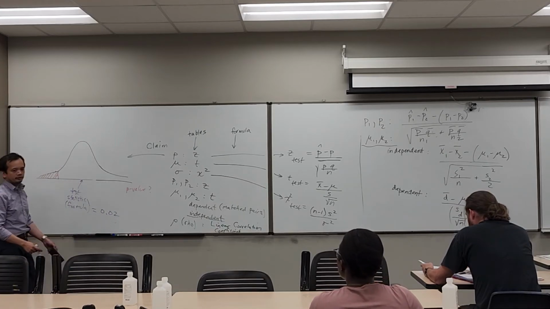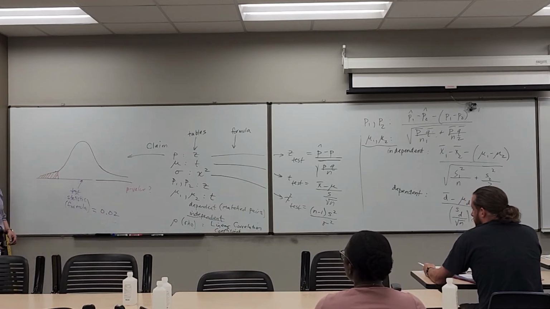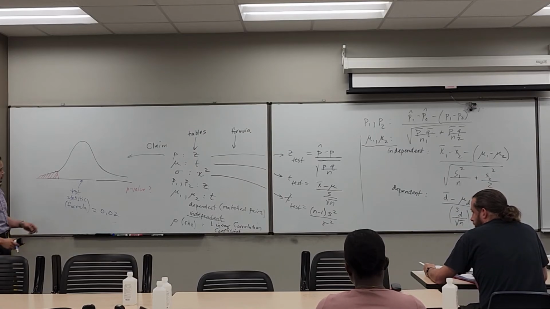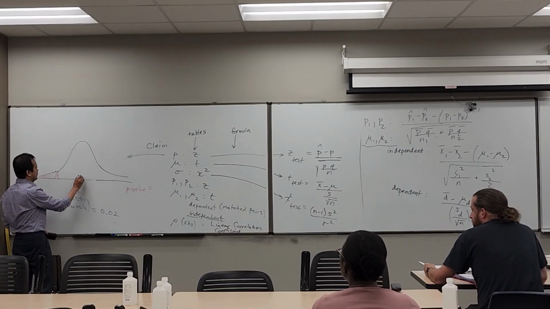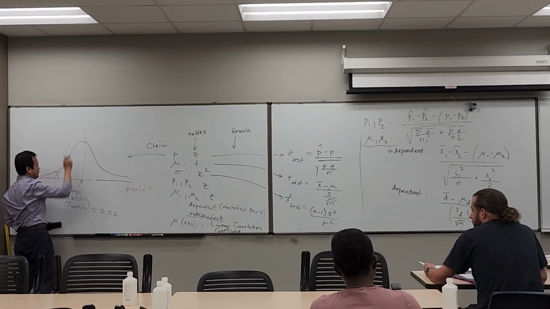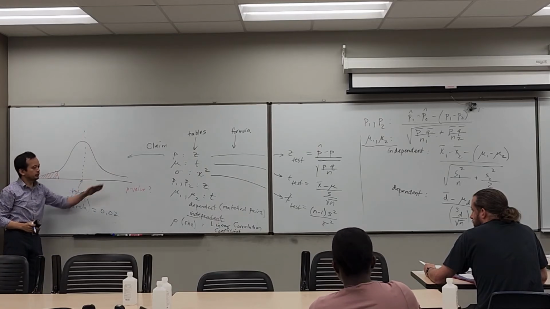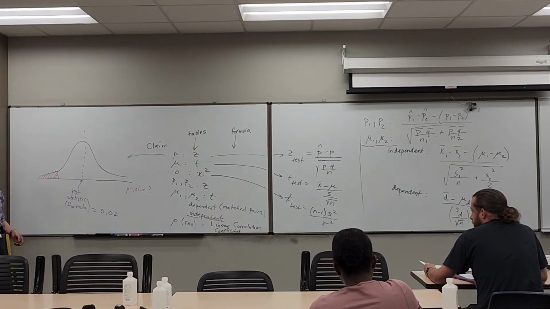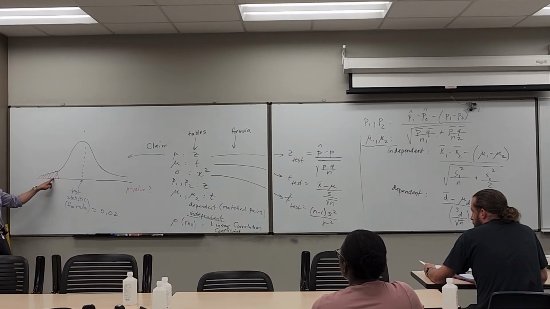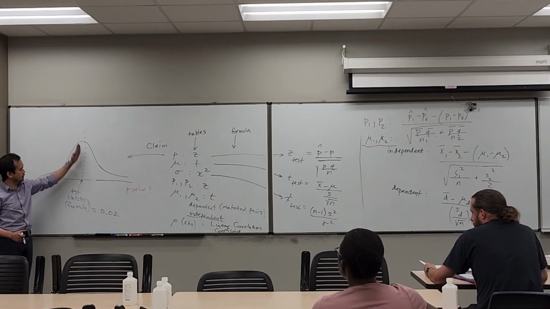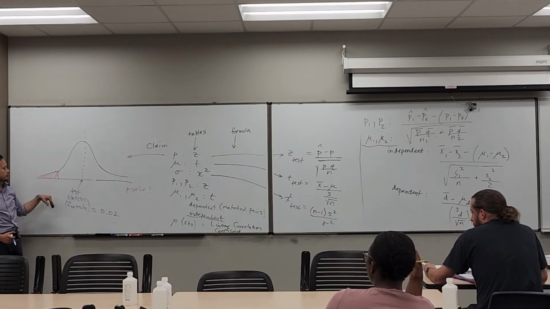So step one will be to find the area in the same direction as the nearest tail. So relative to this test statistic, you either have a left area or right area, but which area is in the same direction as the nearest tail? There's only one tail, so that has to be the nearest tail. So relative to this test statistic, you want to find a left area.